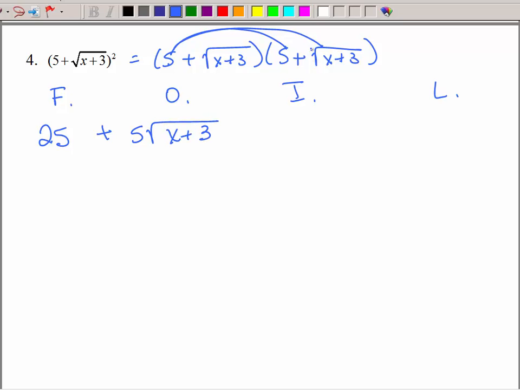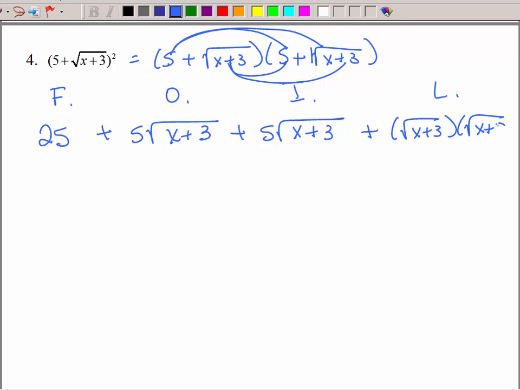Outsides with outsides, so 5 times 1, insides with insides. Then here we have plus, same thing. And then we have the square root of x plus 3 times the square root of x plus 3. Hopefully you're thinking, I know what that is.